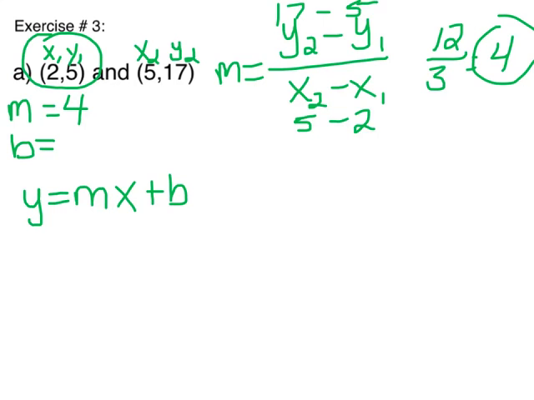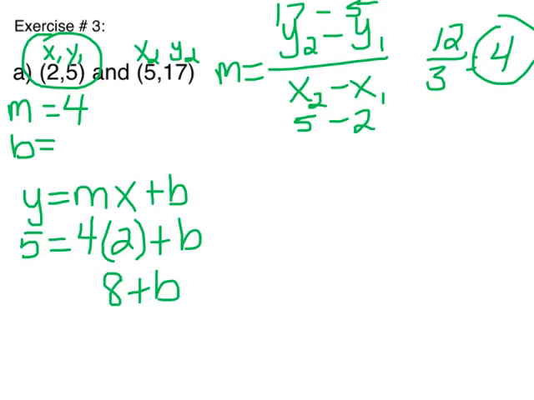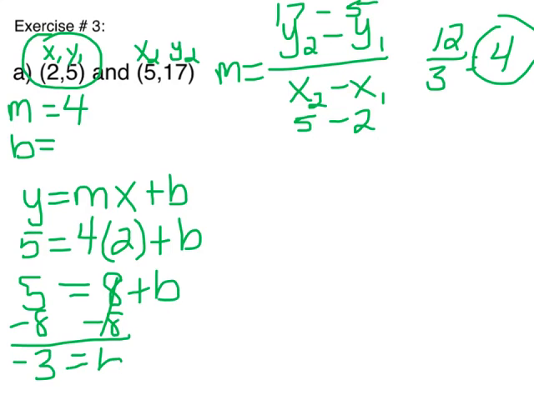So I'm going to say 5 equals 4 times 2 plus b. 4 times 2 is 8, plus b equals 5. And now I'm going to just continue solving for b, minus 8 on both sides, and I'm going to get negative 3 equals b. So I now just found my b, which is negative 3.